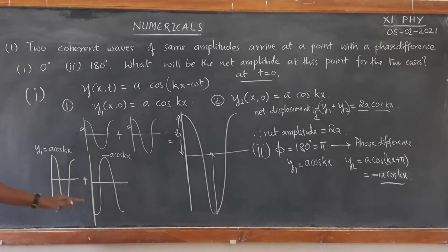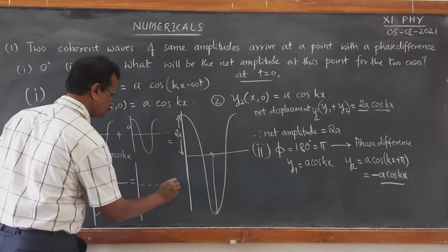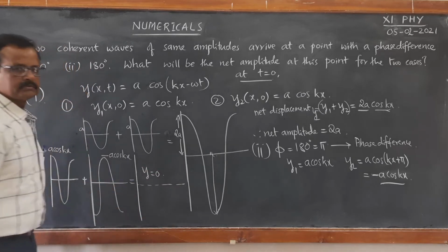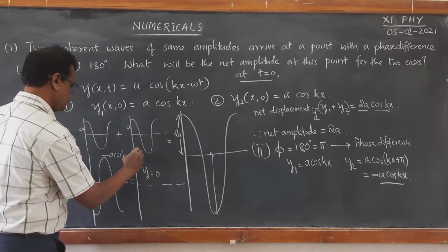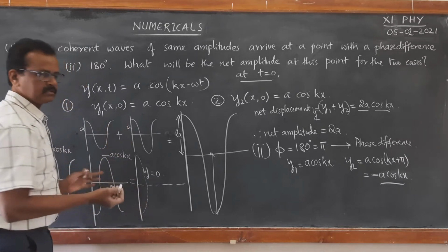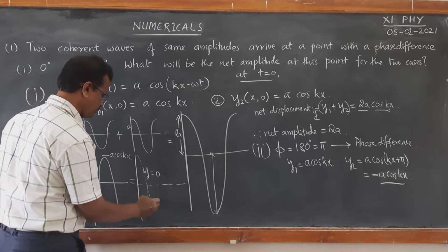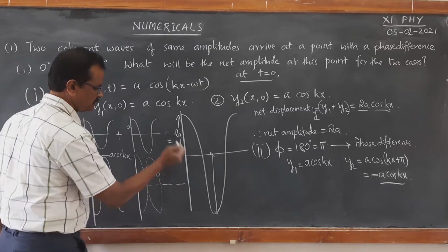Where there is a crest, there you will find a trough. Where there is a trough, there you will find a crest. So when they interfere here, the resultant wave is going to have zero displacement, y is equal to 0. The crest is overlapping over the trough and the trough is overlapping over the crest. As a result, net displacement becomes 0.